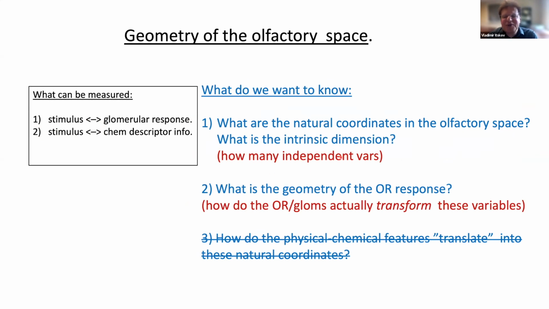So regardless of the chemical composition, one can hope to find sort of ideal description of the olfactory space. And what is the geometry of the olfactory response, if possible at all? And the question we don't intend to answer at all is how do physical-chemical features translate into these natural coordinates? This is not what I'm going to talk about.